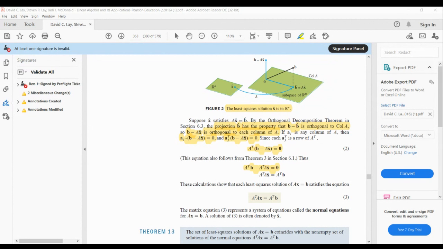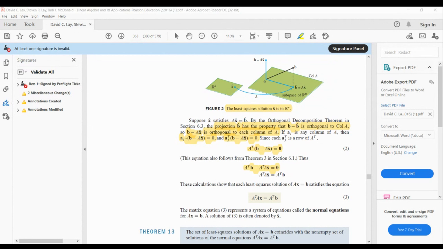If we distribute A transpose on the left to the B and the AX hat in equation 2, then we will get A transpose B minus A transpose A times X hat equals 0.